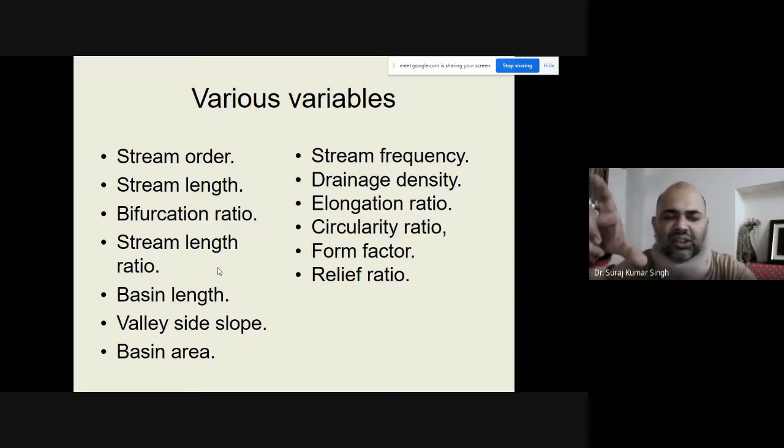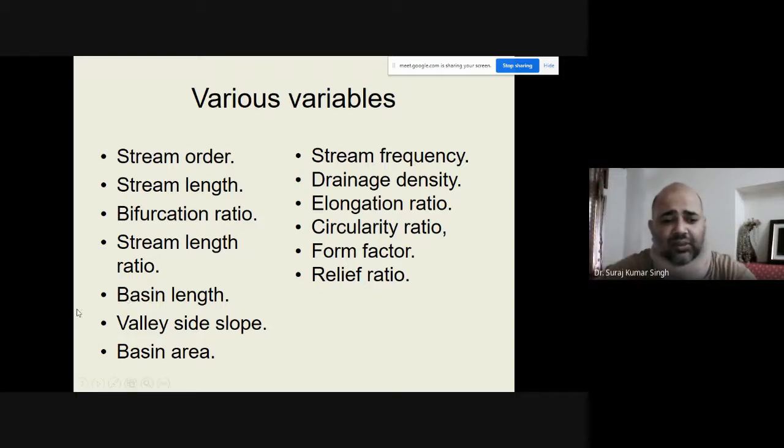We'll calculate the entire length of each and every feature. Then comes the bifurcation ratio, where we deal with the number of orders of streams available in a particular river system: how many streams have stream order 1, how many 2, how many 3.